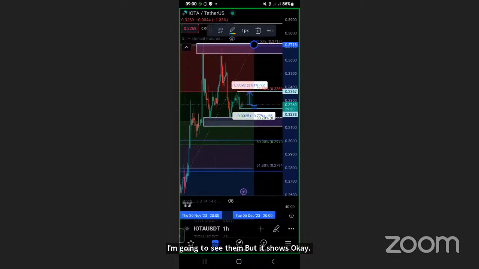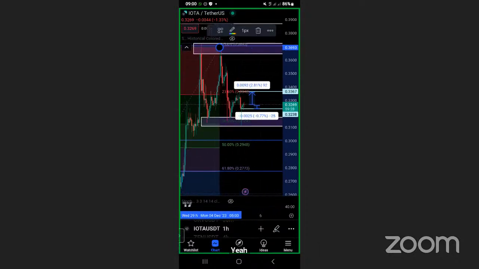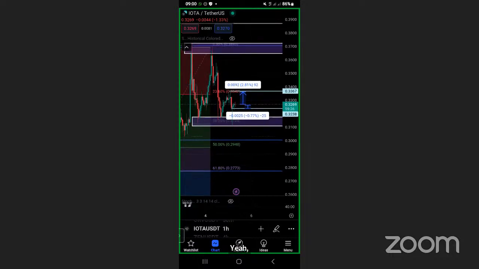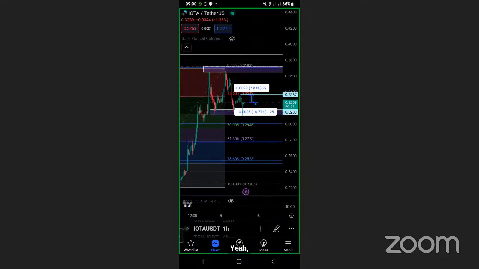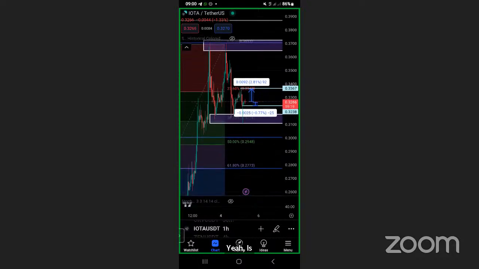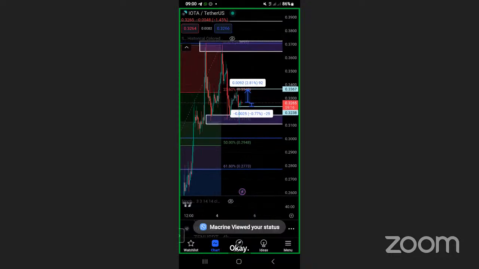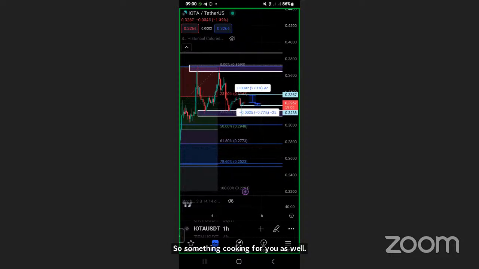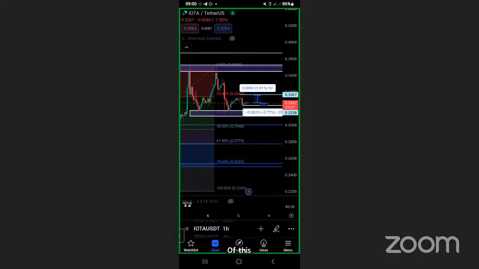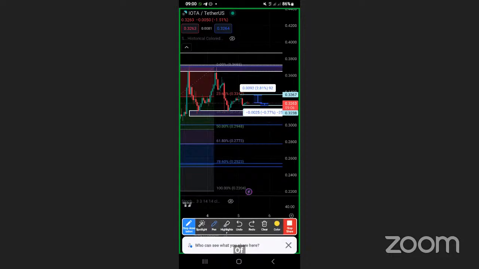I'm gonna keep tabs on this, but what I see is something cooking for iota as well, because of the double, this is a triple retest.